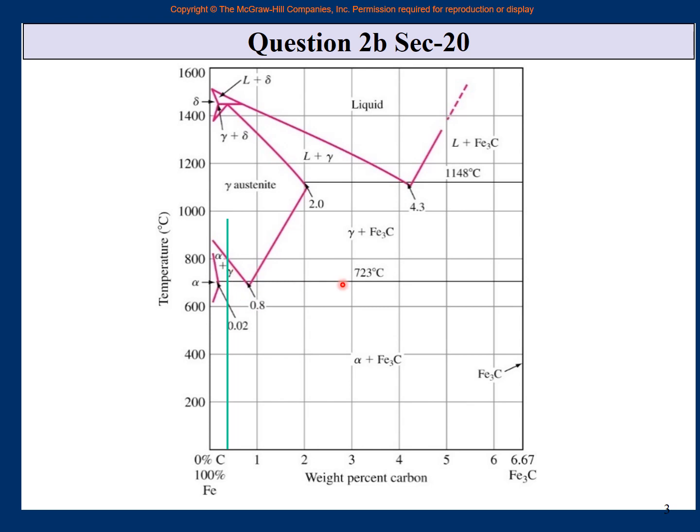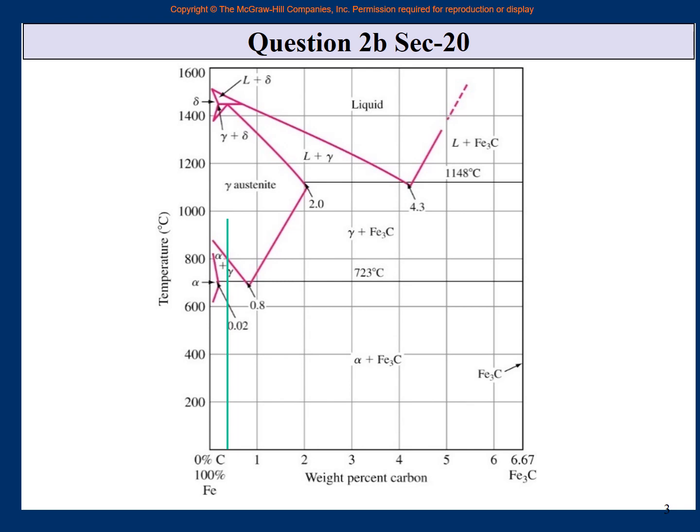So just above 723 plus delta T, your tie line reads left alpha 0.02, middle 0.25% carbon, right gamma 0.8% carbon. Because from here you will find pro-eutectoid alpha.